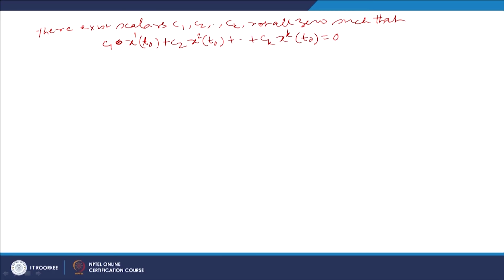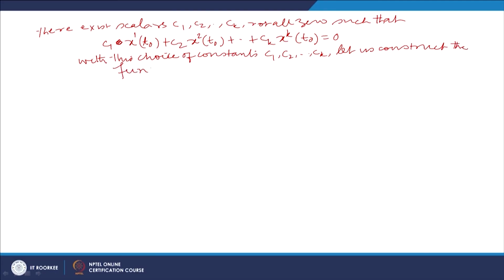Okay. Now, what we do is, with this choice of constants C1, C2, Ck, let us construct the function phi t equal to C1 x1 t plus C2 x2 t and so on Ck xk t.